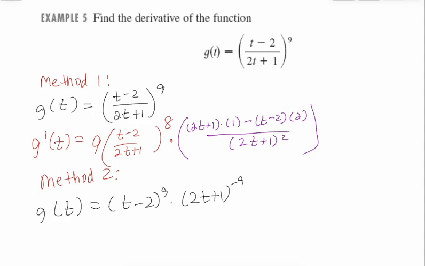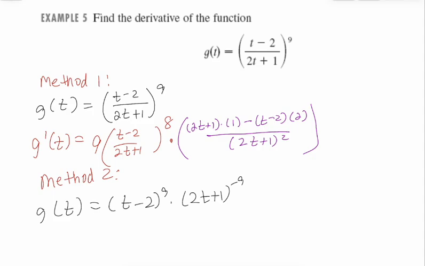All I've done is separated our numerator and denominator. I made my numerator to the ninth power. I made my denominator to the negative ninth power. So that's an option. Feel free at any time, if there's a denominator, you can always write it to a negative exponent. And then you avoid the quotient rule, you get a product rule instead.